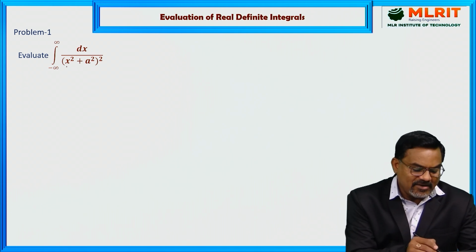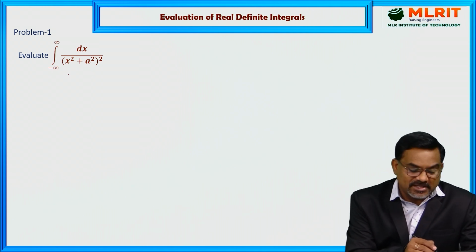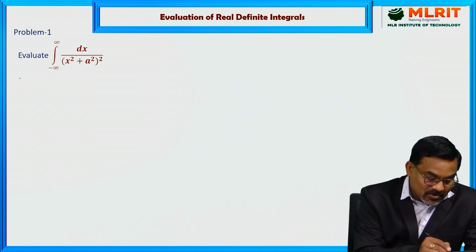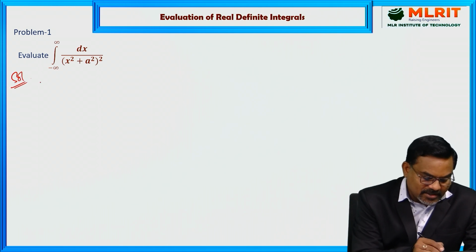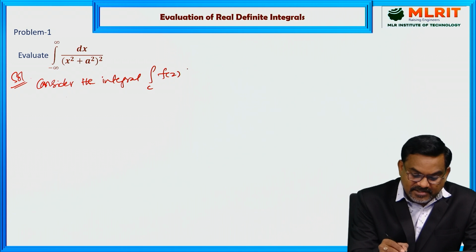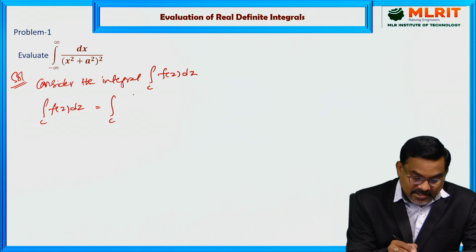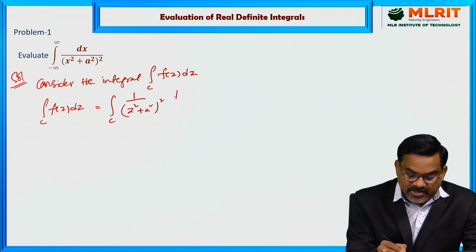Evaluate the integral from minus infinity to plus infinity of dx by (x square plus a square) whole square. Coming to the solution, to find this, let us consider the integral along C of f of z dz, that is, the integral along C of 1 by (z square plus a square) whole square dz.